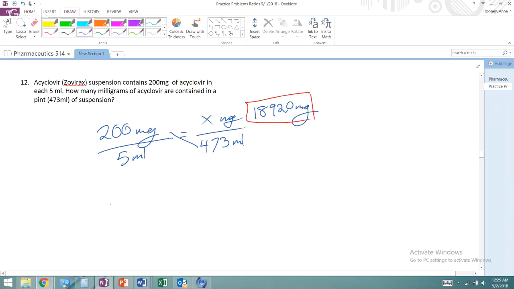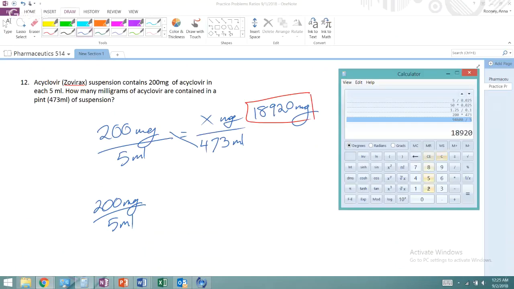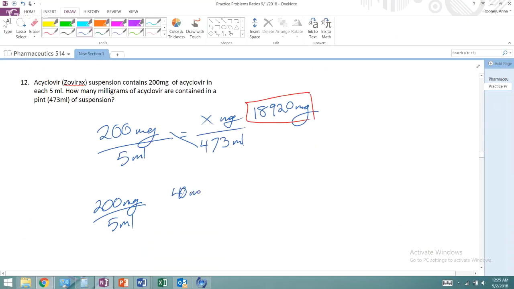All right, so the second way we're going to do it. 200 milligrams per 5 ml. So we're going to figure out how many per ml. So 200 divided by 5. We find out that there's 40 milligrams per 1 milliliter.